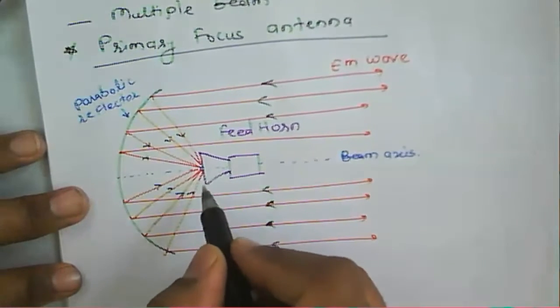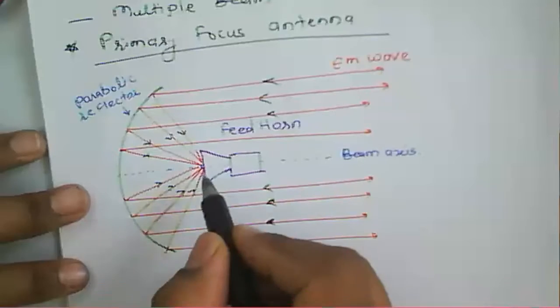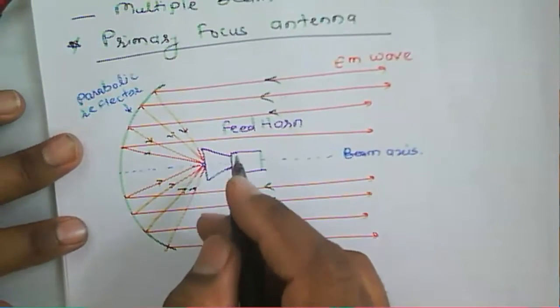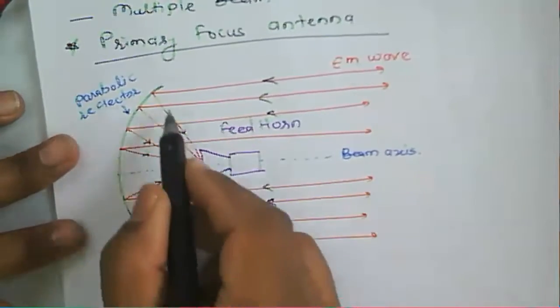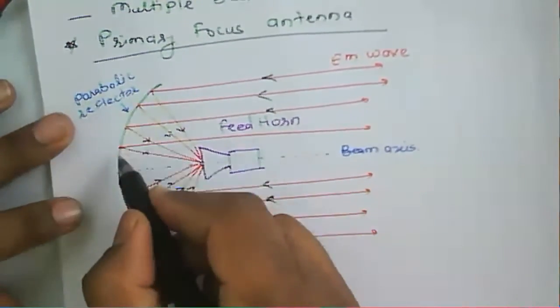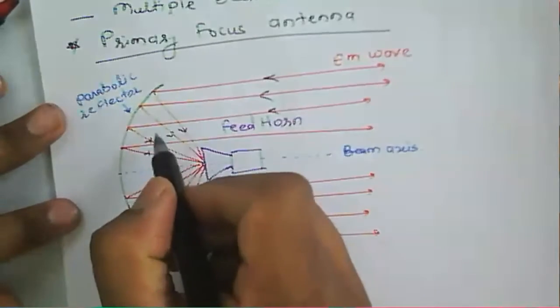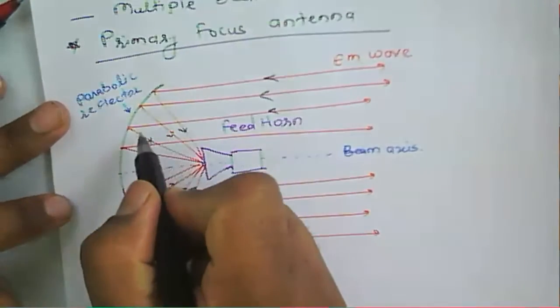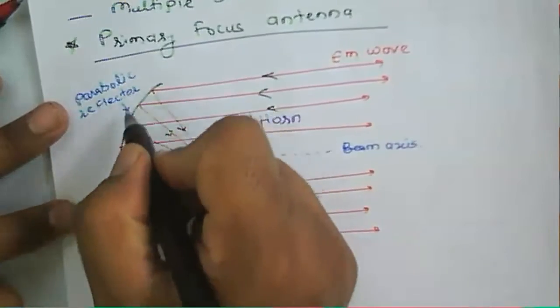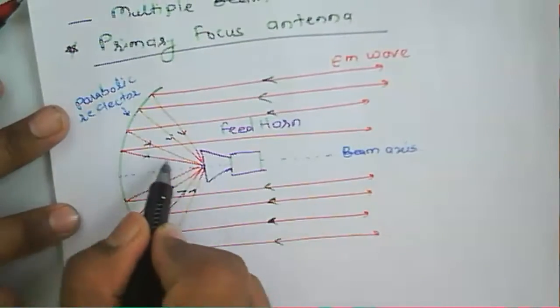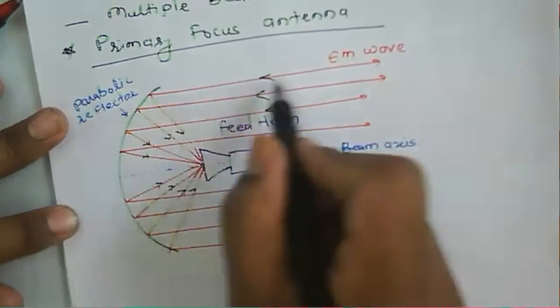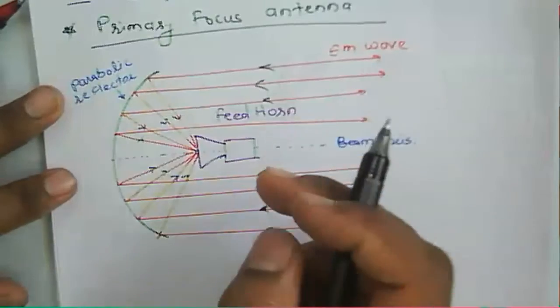It will be focused when it is used as a receiving antenna. So in both cases, the parabolic reflector reflects the signal: it will be focused toward the horn or it will be transmitted toward the space here.